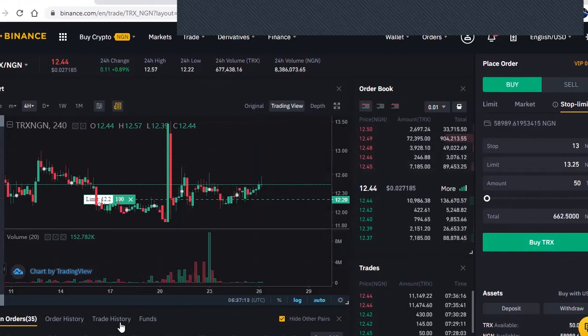You can see your trade history, your order history, your open orders. This is where you can see your assets, and we need to talk about stop limit order, market order, limit order, from the point of buying and selling.